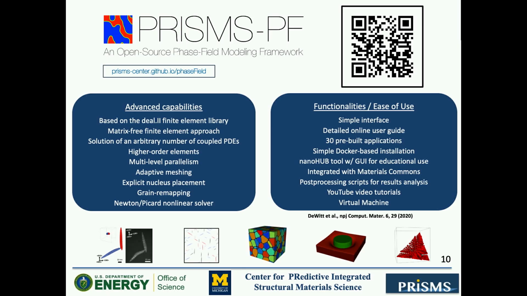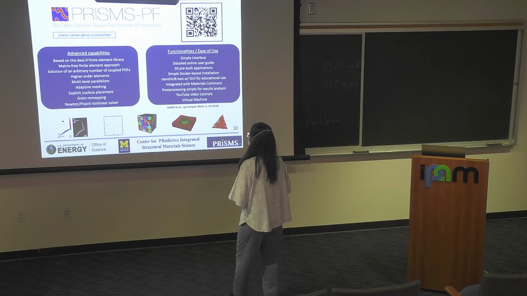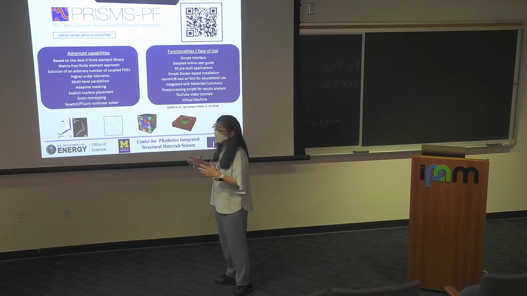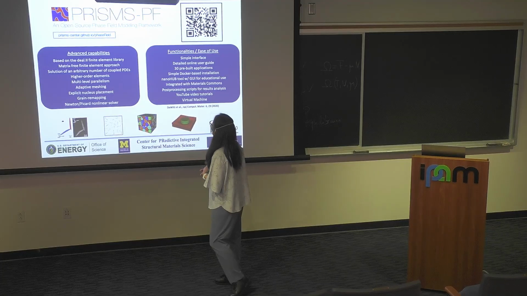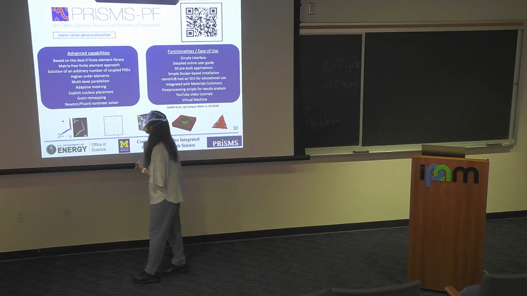But mechanical behavior is really affected by the microstructure. So science is part of this center, but also software development is a major part of it. So PRISMS-PF is one of the software packages we develop.